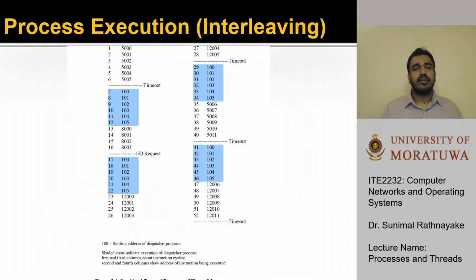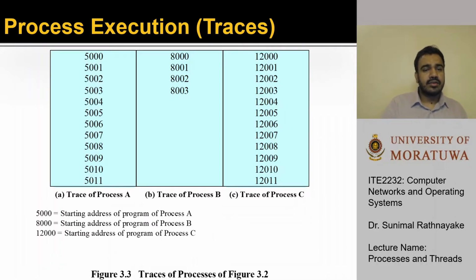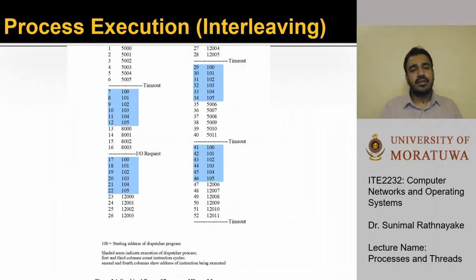Now, when these three programs A, B, and C are executing on the processor, let's assume that the execution starts with process A at address 5,000. You can see that from 5,000 to 5,005 it executes, and there's a timeout. That means the specific time allocated for that program is over.